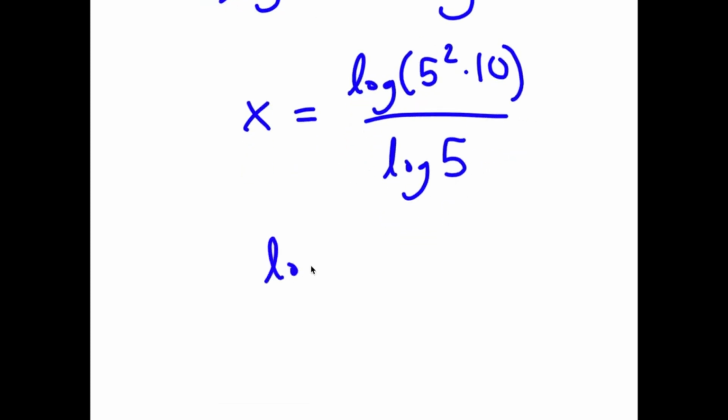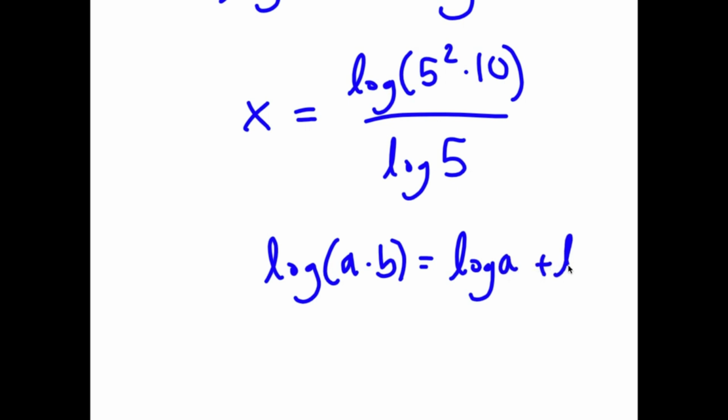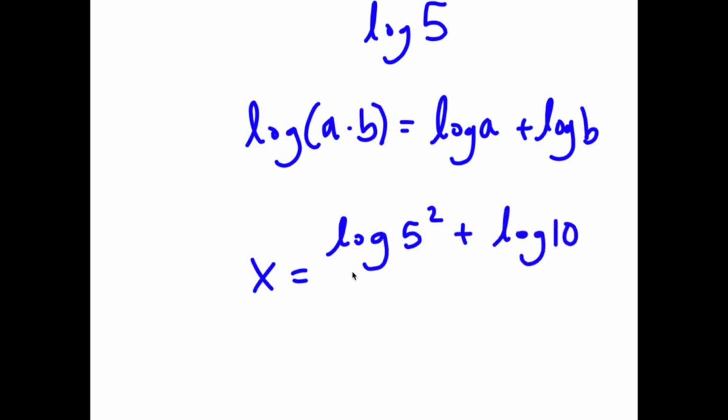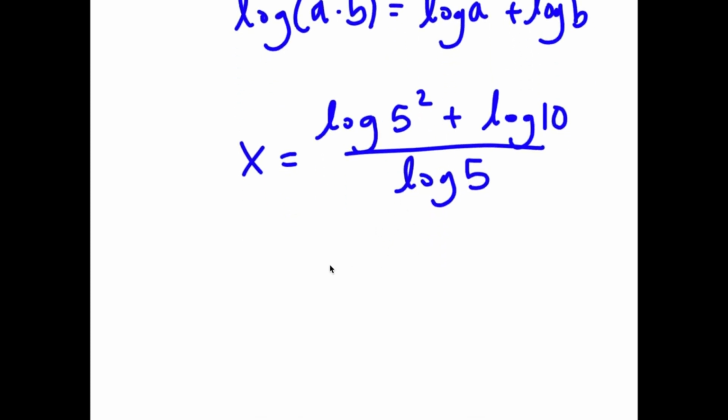Now if I have something in the form log a times b, this is equal to log a plus log b. So log of 5 squared times 10, that's going to equal log 5 squared plus log 10. Now I have this over log 5. Now remember how if I have something in the form log a to the b, I can move this exponent to the front.